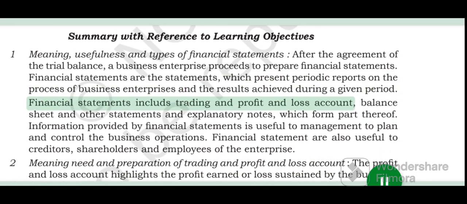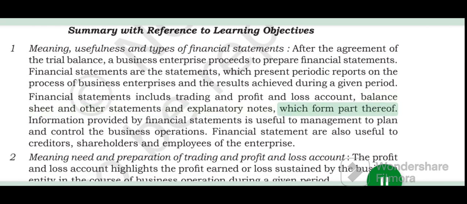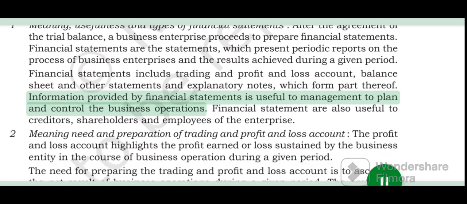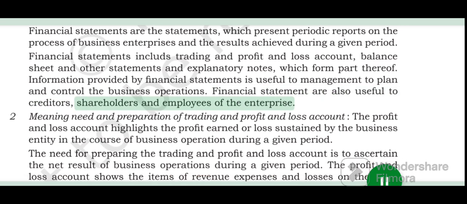Financial statements include trading and profit and loss account, balance sheet and other statements and explanatory notes, which form part thereof. Information provided by financial statements is useful to management to plan and control the business operations. Financial statements are also useful to creditors, shareholders and employees of the enterprise.